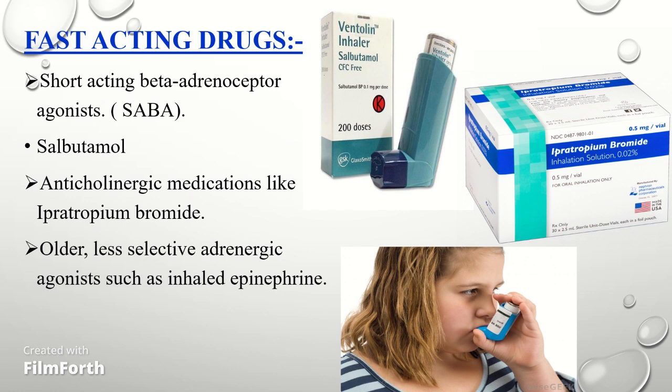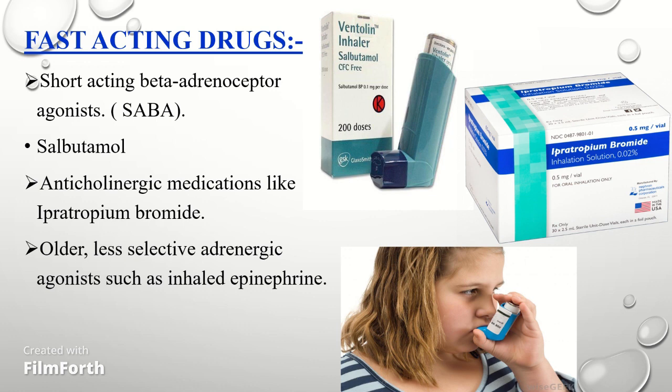So, what are fast acting drugs? They are also known as quick relief or short acting drugs. These drugs work fast to control asthma symptoms. These drugs are taken during coughing, wheezing, and having trouble breathing or having an asthmatic attack. They are also known as rescue drugs.